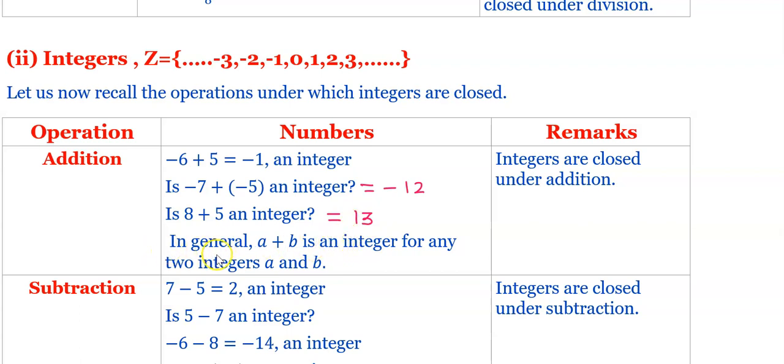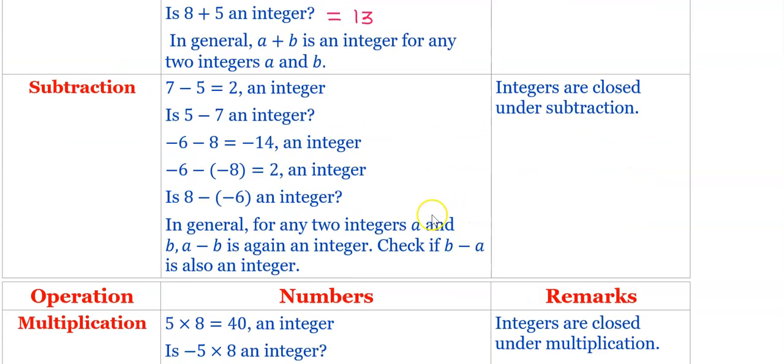Therefore, in general, a plus b is an integer for any two integers a and b. And therefore, what is my remark and conclusion? That the integers are closed under addition. It means that if we take any two numbers from the set of integers and add them, then that element is also in the set of integers. Okay. And then we say that the integers are closed under addition.